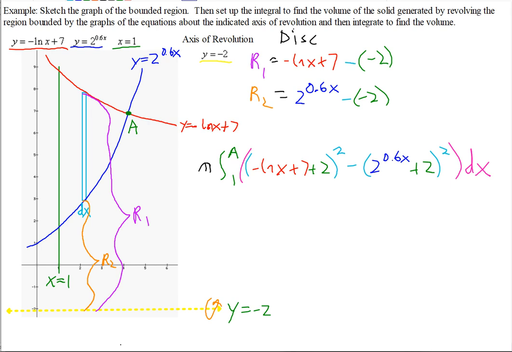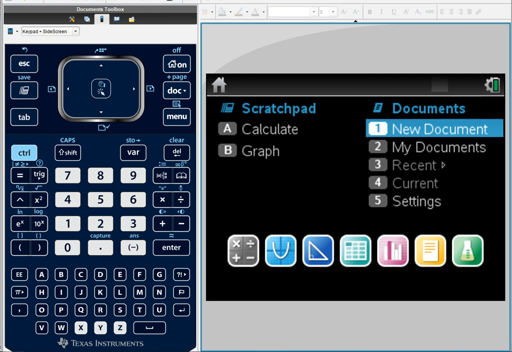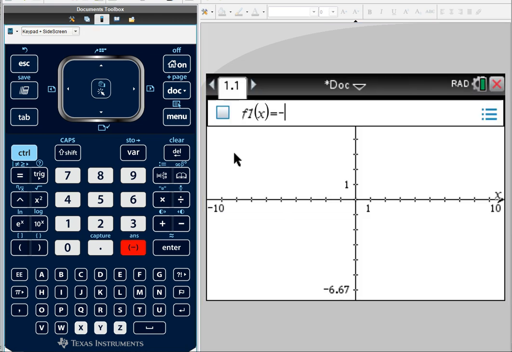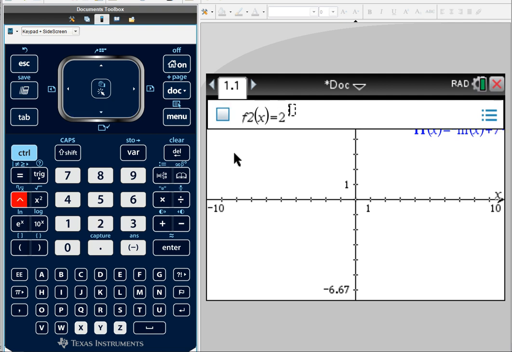So first I'll enter this in for the Inspire, then we'll find our point of intersection on both of them. So for the Inspire, a new document, add graphs, and the negative out in front, negative natural log here is control and then ln of x, and then the plus 7 there, and then hit the down arrow to F2 is 2, then hit the exponent button, and then 0.6x.